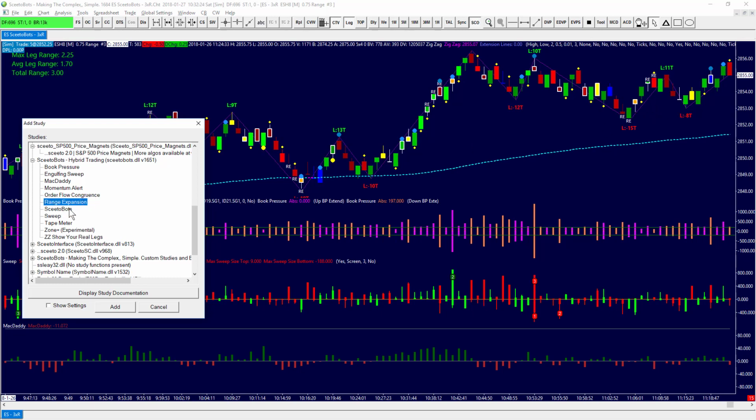We have Range Expansion. That's these REs you see here. So RE stands for range expansion. And what range expansion does is it looks back at the last handful of little micro legs that price traded. And when it goes outside the norm or the average of that range, it tells you, hey, price is moving out of its normal price range, trading range, pivot range, and that, hey, you may want to pay attention.